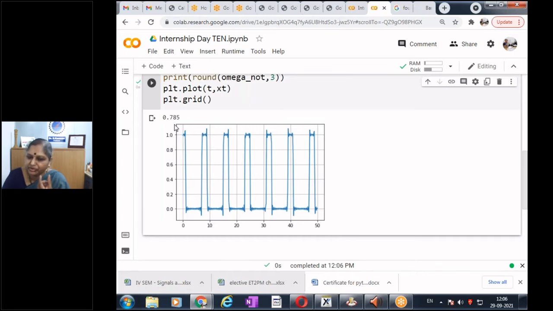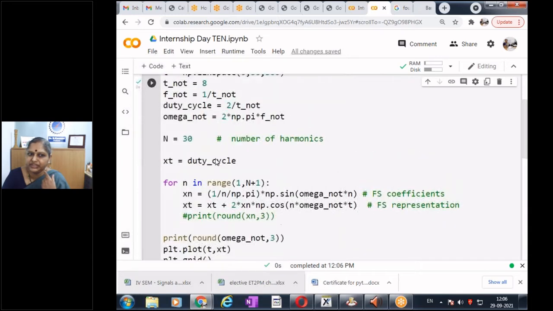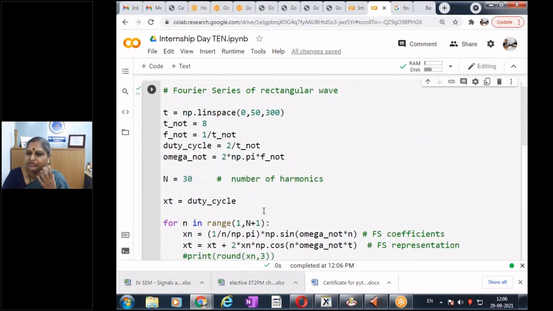And what is the spacing between the two spectral components? 0.75. Now I will change, tell me what should I do? I have to change my time period to 16. Our second example was changing the time period to 16. So which value should I change to 16 now? I want my time period to be 16. So here, which constant should I change?